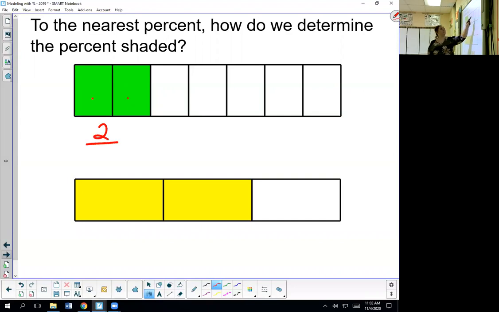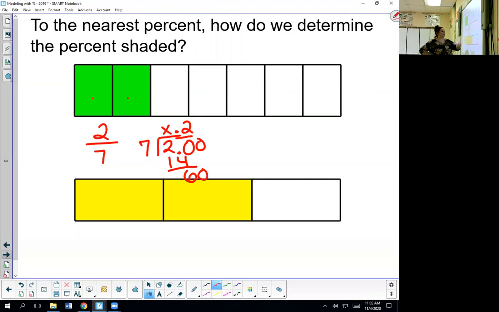2, 4, 6, 7. Okay. Now 2 7ths. Well, I don't know what that is as a decimal. They said for me to be close, right, to the nearest percent. So I'm going to make it into a decimal, and then that'll tell me what each is worth. So it doesn't work. Add a decimal, raise it up, add a 0. That gives you 2, which is 14. That gives you 6.